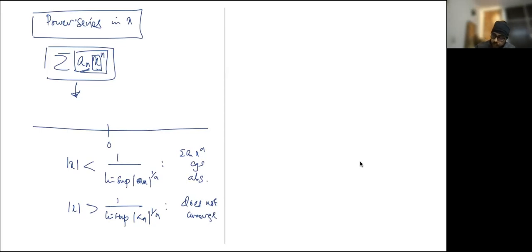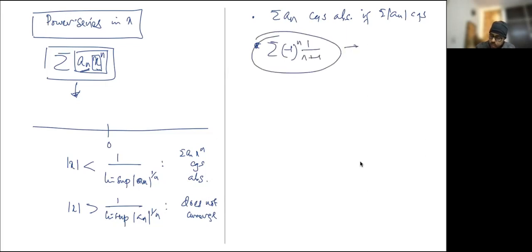Okay, that reminds me. I defined what is called absolute convergence of a series. A series converges absolutely if the summation of mod an converges. And we have seen examples where, let's say this series itself converges, but does not converge absolutely.